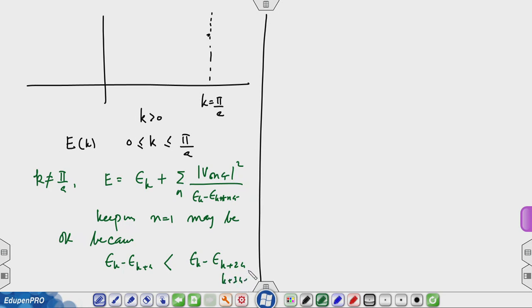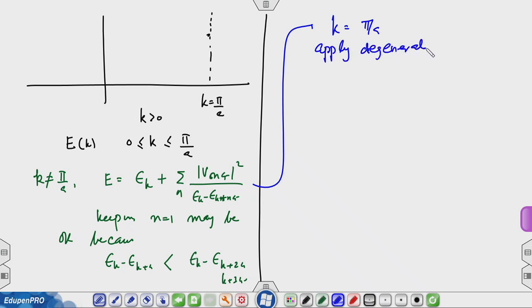So, we try to understand keeping one term is fine, except that when you go to k equals pi by a, then you apply degenerate perturbation theory. So, we seem to be mixing two things. I would much rather do a single calculation. So, combine this to do a single calculation.